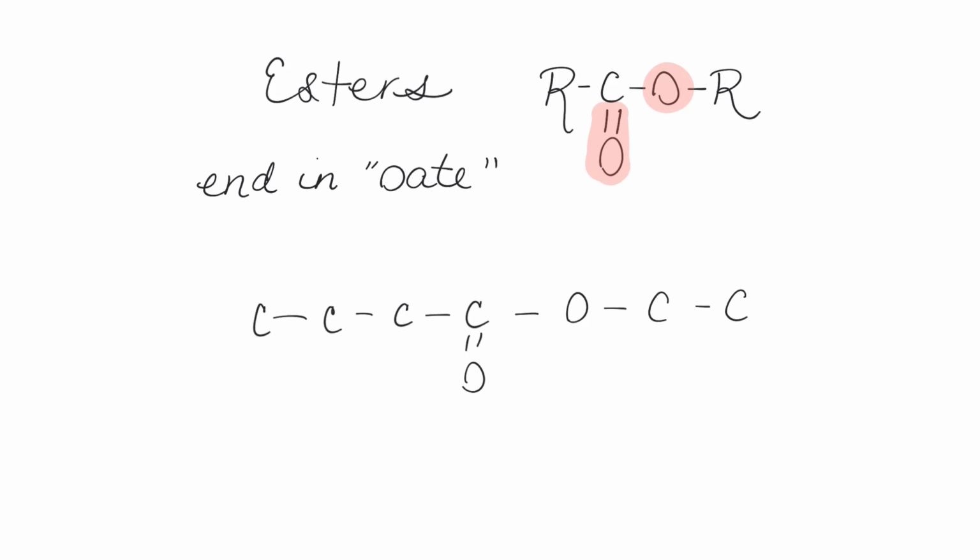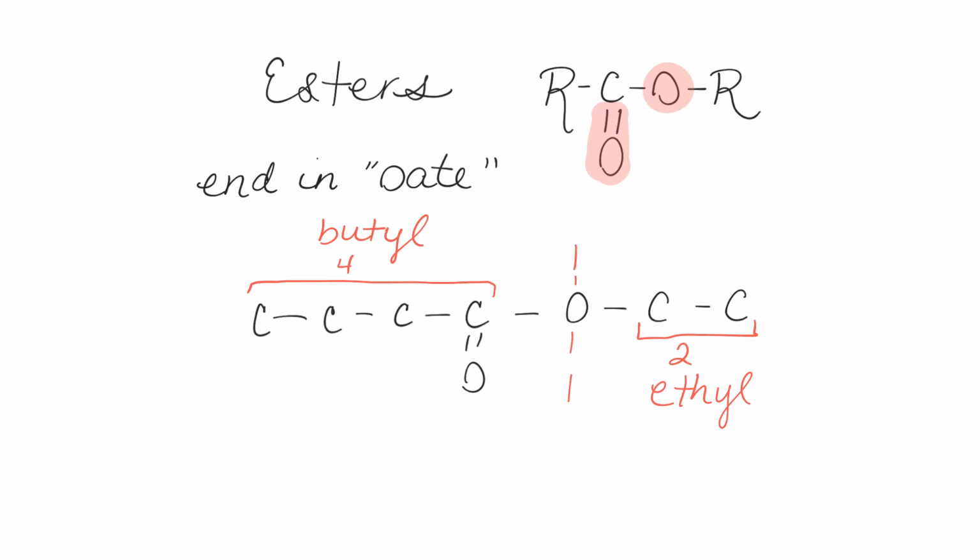So there's kind of two pieces here. Do you see that I'm going to divide this thing in half at the oxygen? I'm going to draw a little halfway mark. This side has two carbons, so this is an ethyl. And this side has four carbons, so this is a butyl.